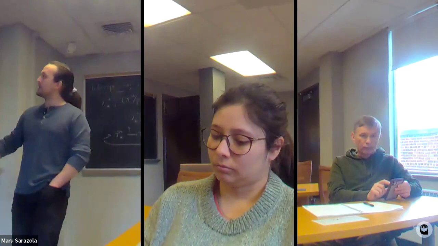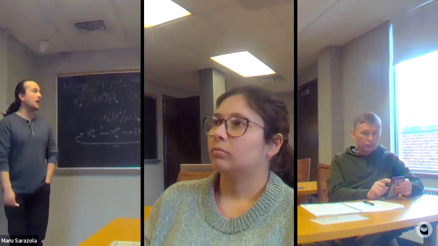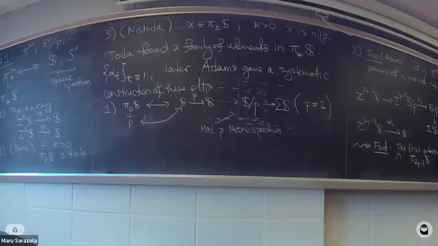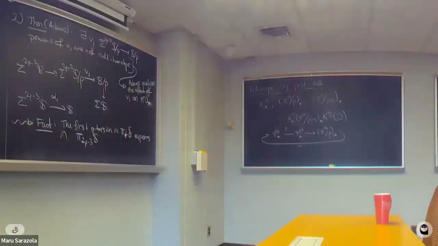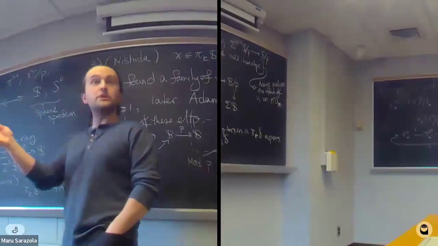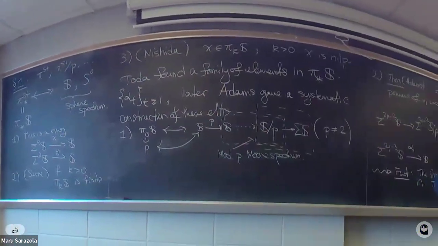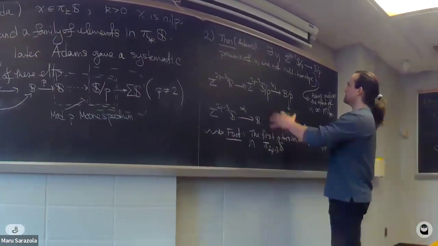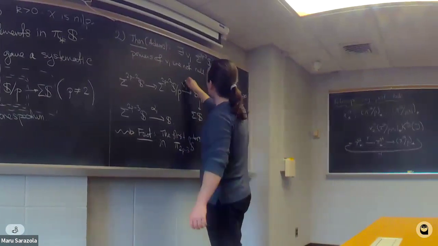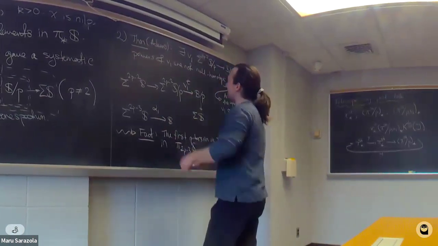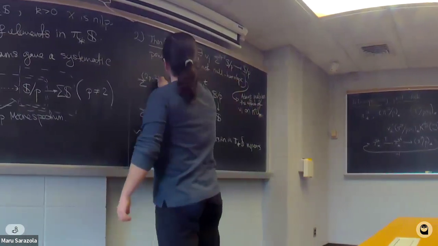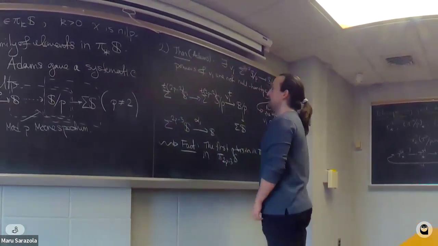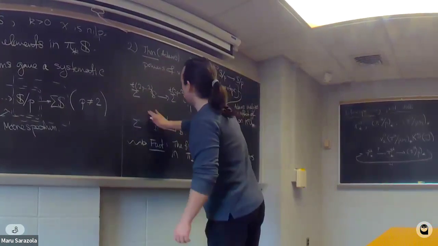Okay, and you could imagine that you play this exact same game now, but you iterate this. So I told you earlier how you multiply these elements together, basically by pre-composing and suspending a bunch of stuff. So all you do is you raise v1 to the power of t, and you multiply this expression by t, and you multiply this expression by t, and then what do you end up with?